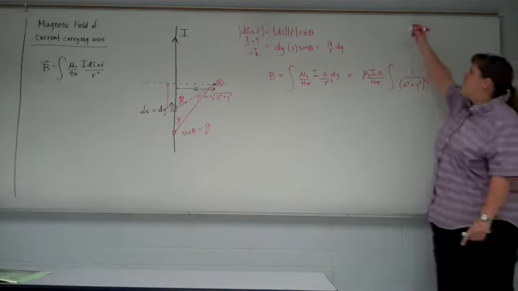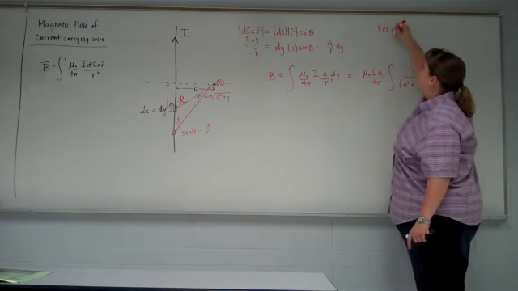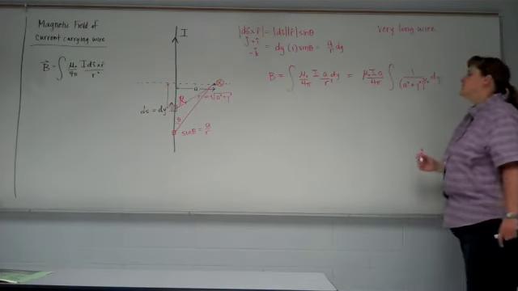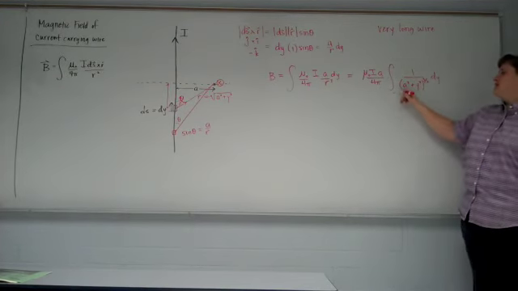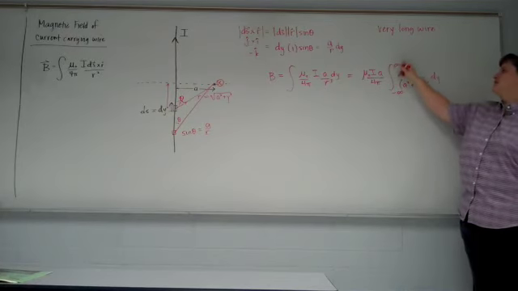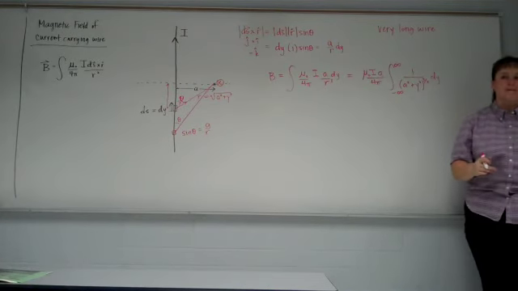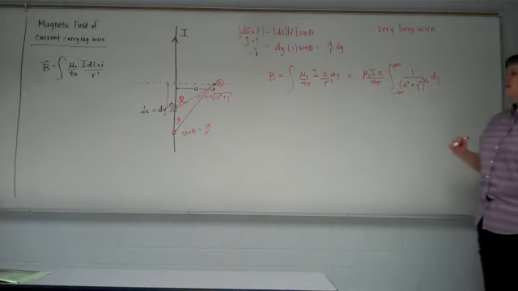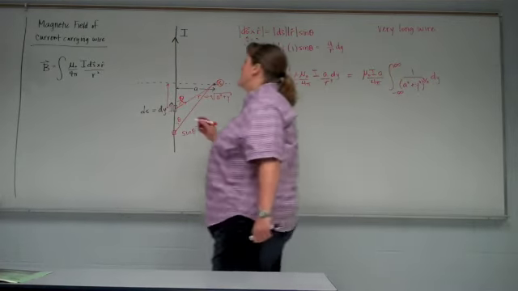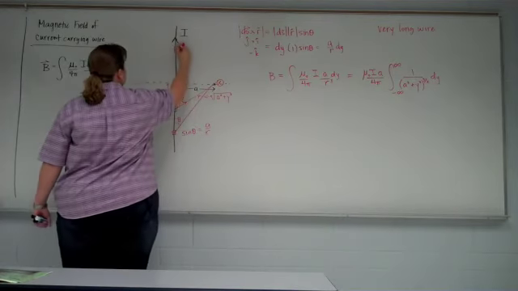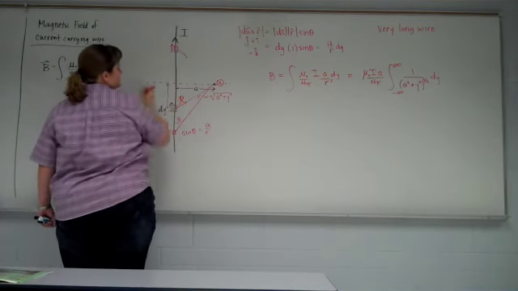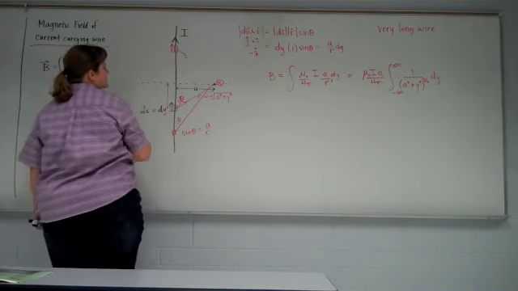I'm wanting to derive the equation for a very long wire. So basically, my limits are from negative infinity to positive infinity. But if you think about this, if we take a piece up here, ds will be towards the top, r hat is down towards the point we're interested in.